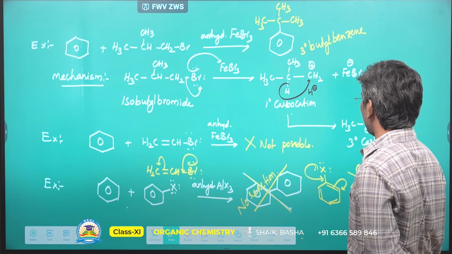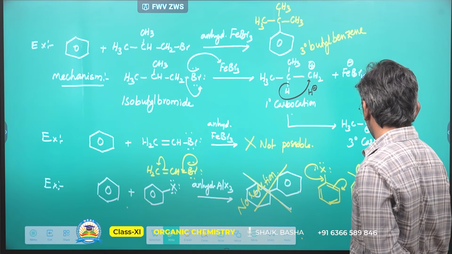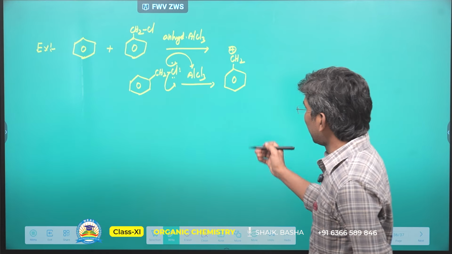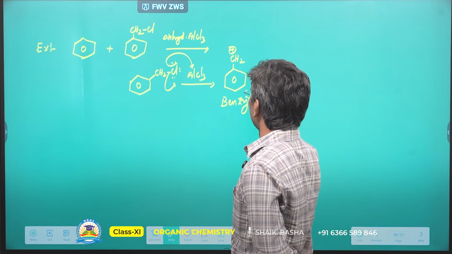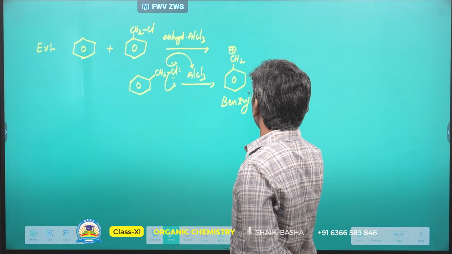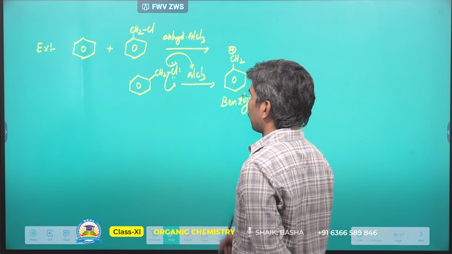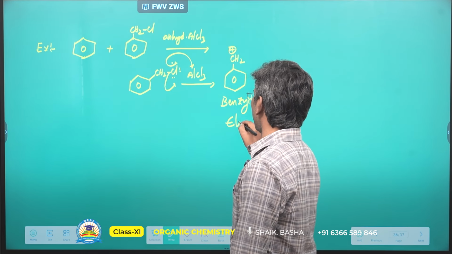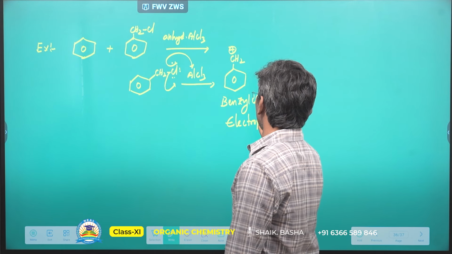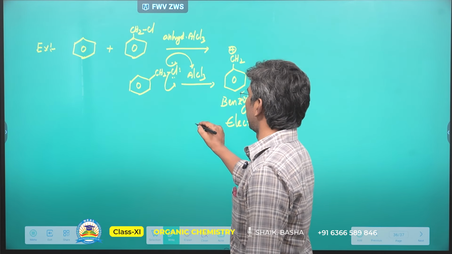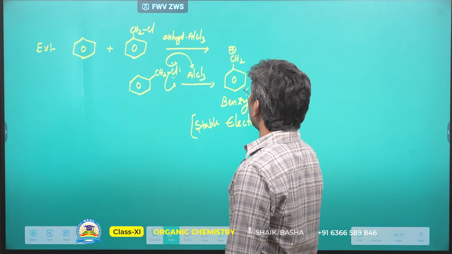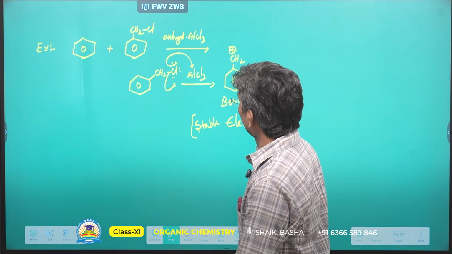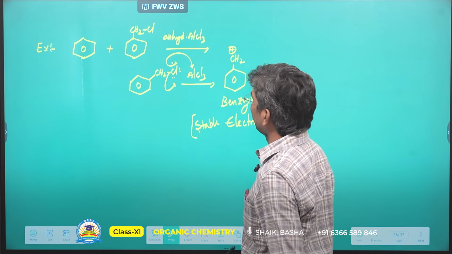Arenium ion is unstable, so electrophile formation is not possible. But in this case, the benzyl carbocation is the electrophile. Which electrophile? Stable electrophile. So a stable electrophile is possible. Why? Benzyl carbocation is more stable because of resonance. So electrophile formation is easy.